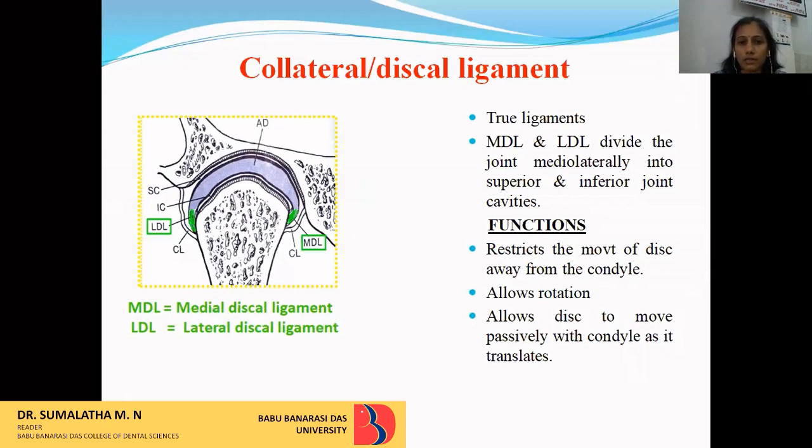The medial discal ligament and lateral discal ligament divide the joint mediolaterally into superior and inferior joint cavities. The main function of this collateral or discal ligament is to restrict the movement of the disc away from the condyle, and it allows the rotation of the joint and allows the disc to move passively with the condyle as it translates.